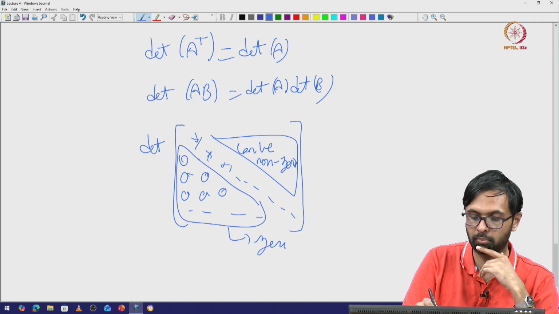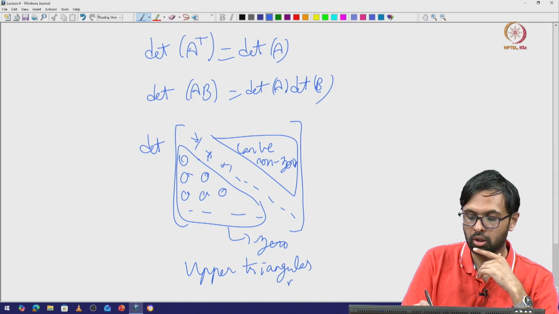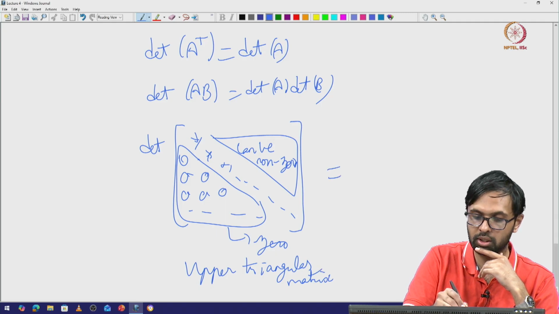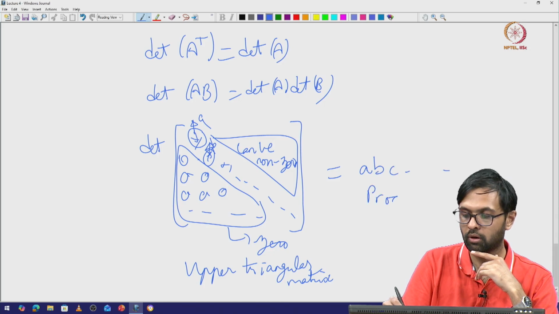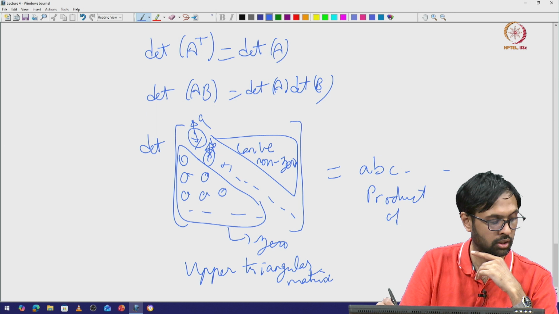So this is an example of an upper triangular matrix. The determinant of an upper triangular matrix is simply the product of these diagonal entries. Let's call this A, this as B, etc. It's simply A times B times C, so on. It's the product of the diagonal entries.